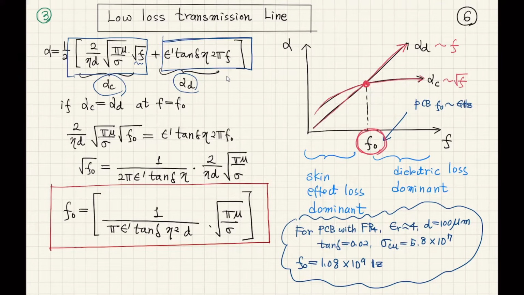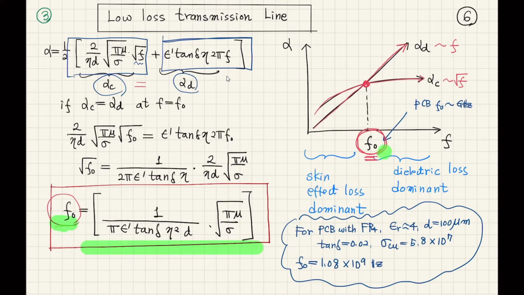but this conductor loss, being the square root of frequency, will saturate, and there will be some crossover frequency, F0. How can I get this crossover frequency F0? We put alpha C equal to alpha D. Then it is simple mathematics, and I was able to derive this equation, the crossover frequency.